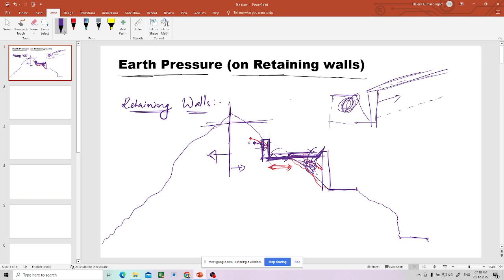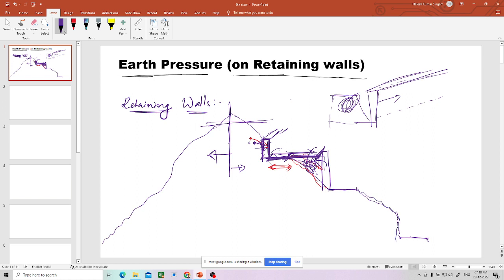So for all these kinds of requirements, you go for vertical structures, vertical walls. The walls which are retaining the soil behind them are called retaining walls. Here also the slope is like this.